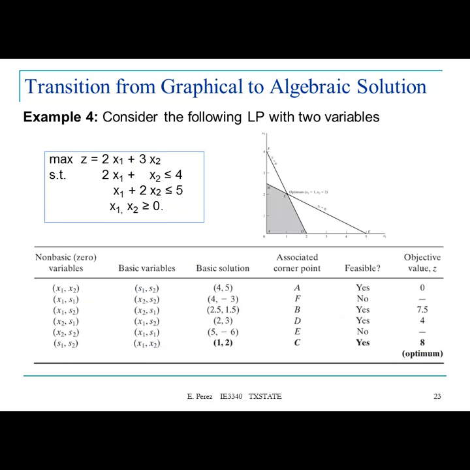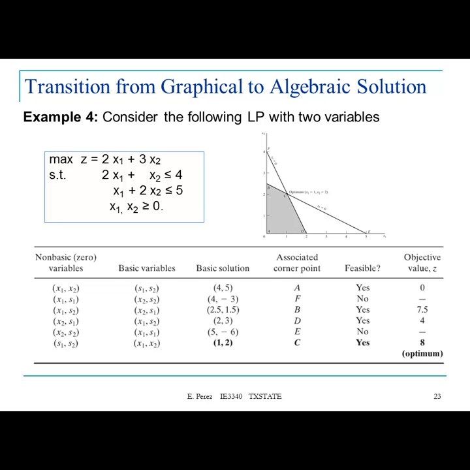So we have, consider the following LP with two variables. We have our LP one more time, and we can basically list all the solutions for this problem in particular. When we let x1 and x2 be the non-basic variables, S1 and S2 are going to be our basic variables.